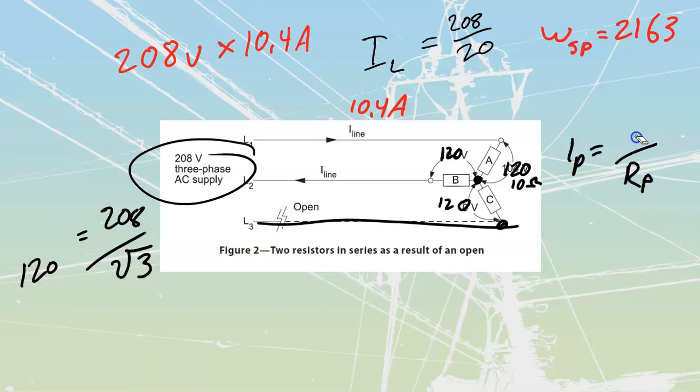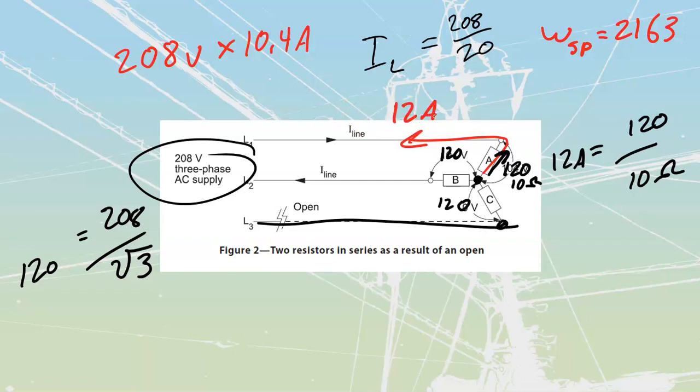Place those values in, 120 divided by 10 ohms gets me a phase current of 12 amps. So we would have 12 amps flowing through here. There is no path for that 12 amps except to come back along the line. Therefore, because it's a Y system, I phase is equal to I line. So my line current, if the system was working properly, would be 12 amps.